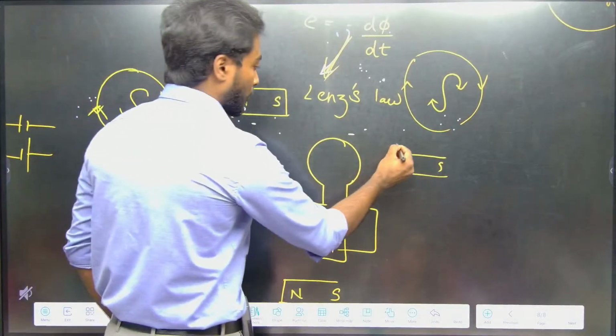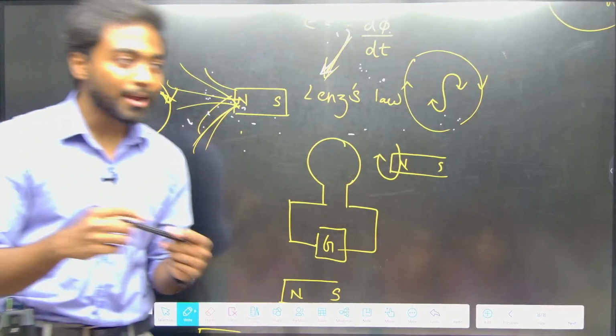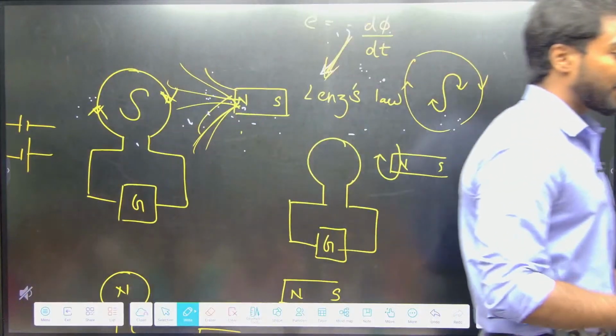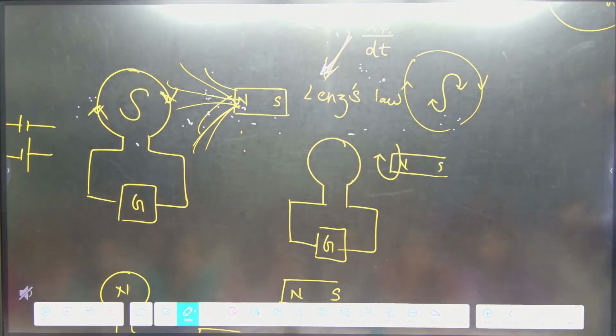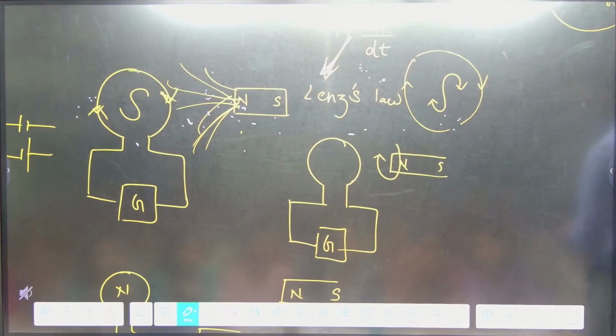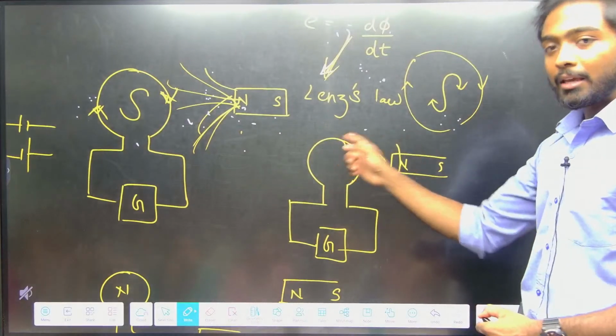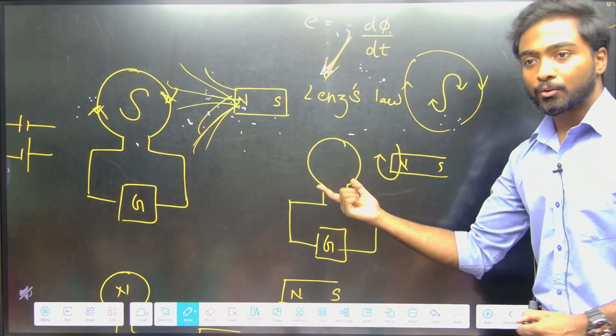If I try to rotate the magnet like this, will there be any magnetic flux produced? Will any field line be changed? Field line is produced, yes or no? Field line is produced, okay, and obviously it is passing the conductor also.